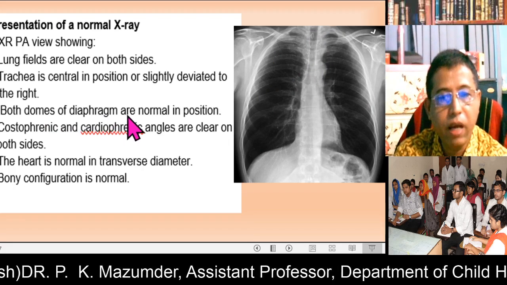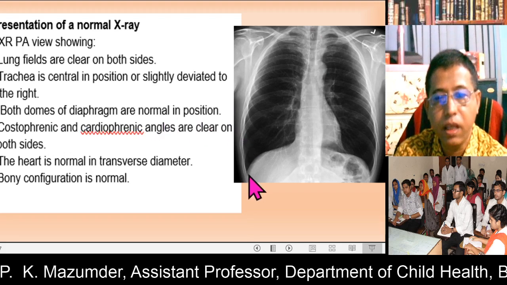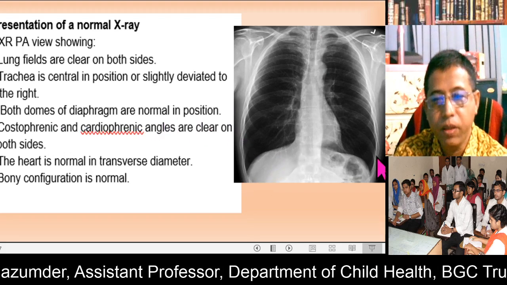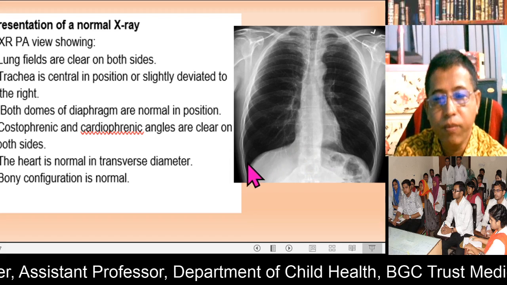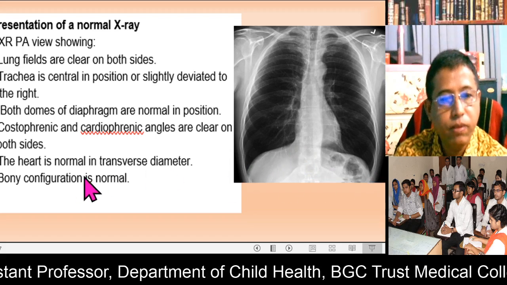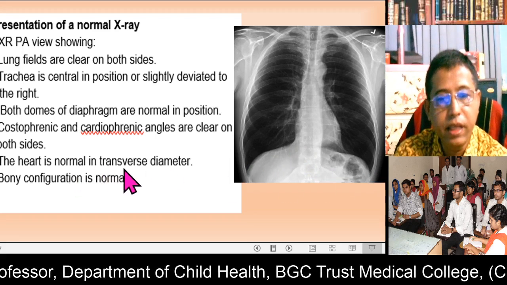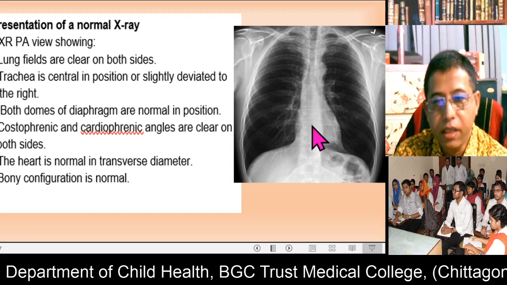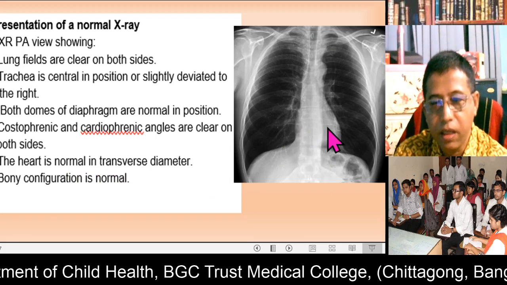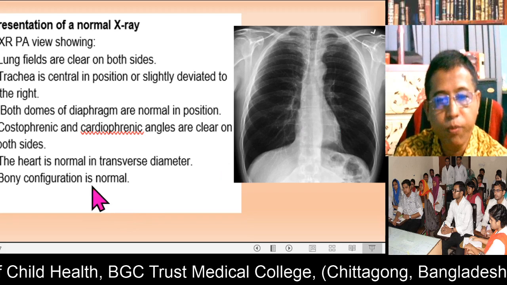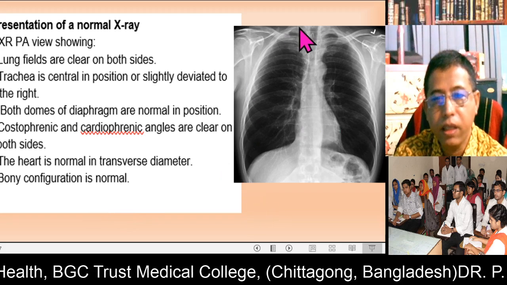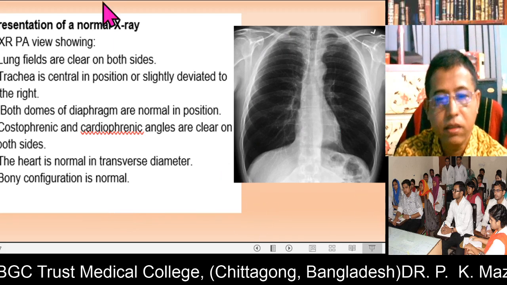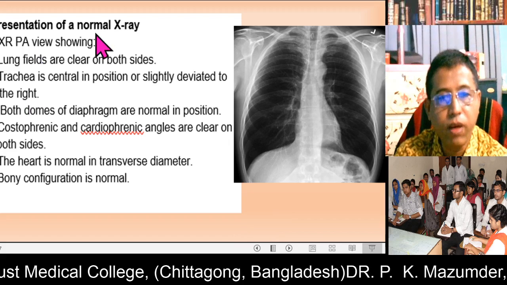Both domes of the diaphragm are in normal position. The right dome is slightly higher than the left dome. The heart is normal in transverse diameter, and the bony configuration is normal. This is a normal chest X-ray.